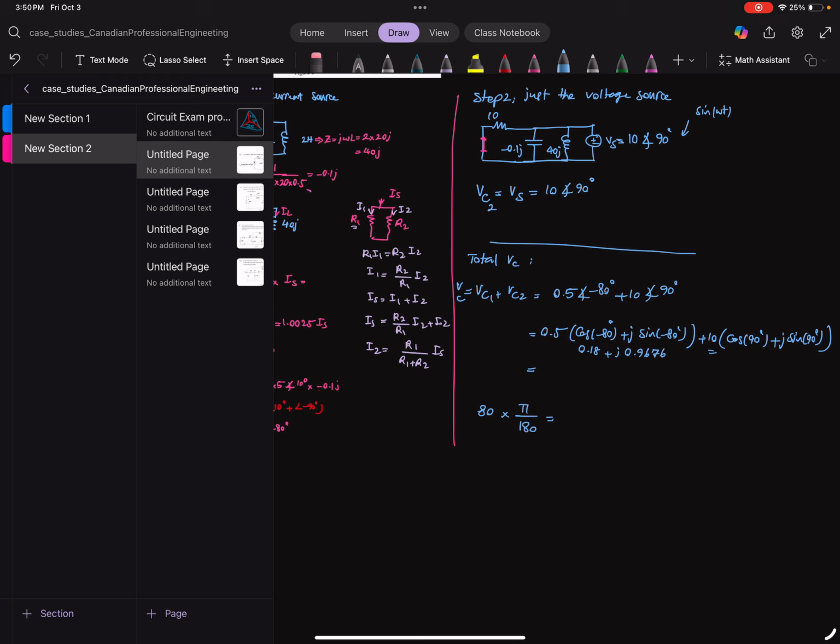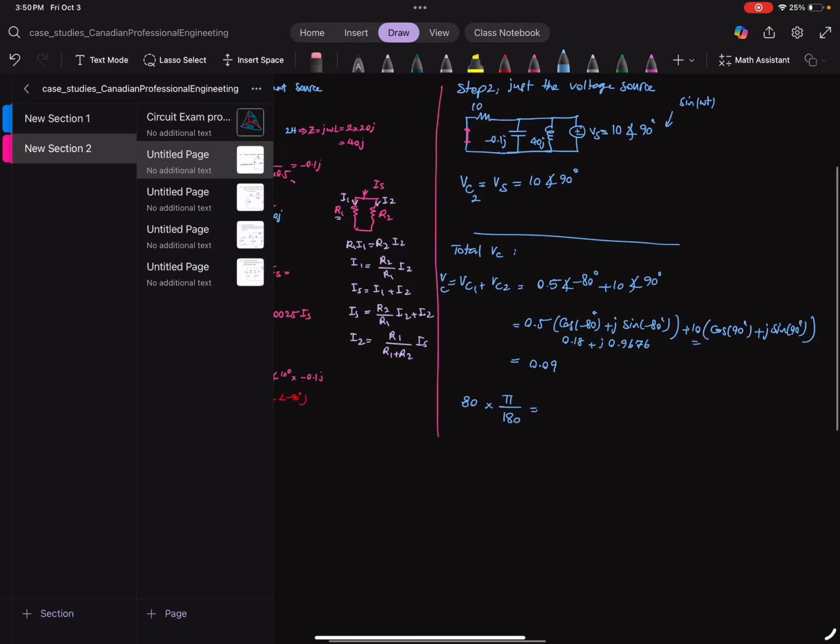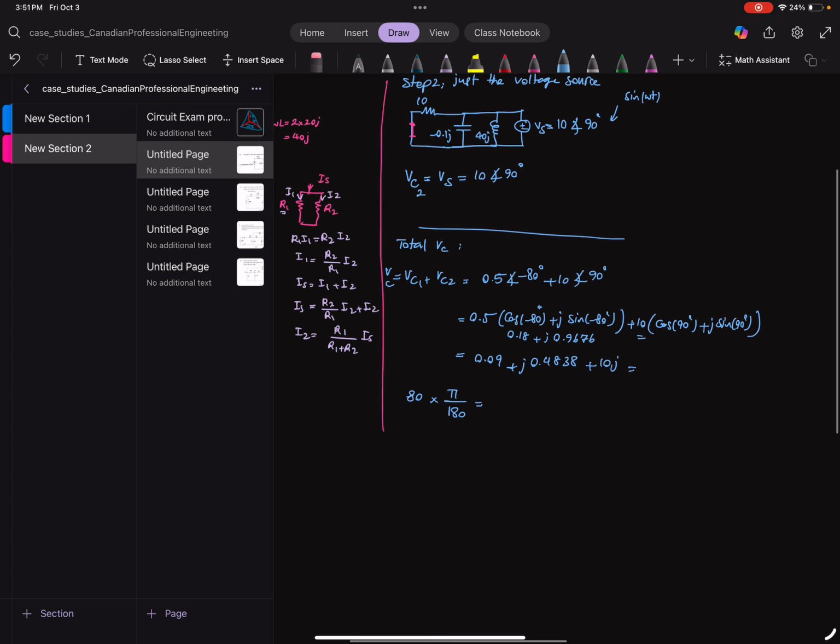So half, 0.5 multiplied by 0.18 is going to be 0.09 plus j 0.9676 multiplied by half, which is going to be 0.4838, plus 10j. And then we say 0.09 plus 10.48j. We already said that.